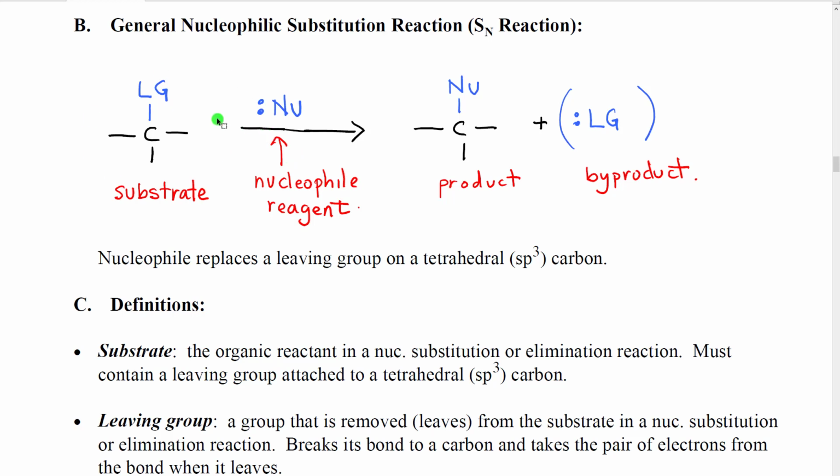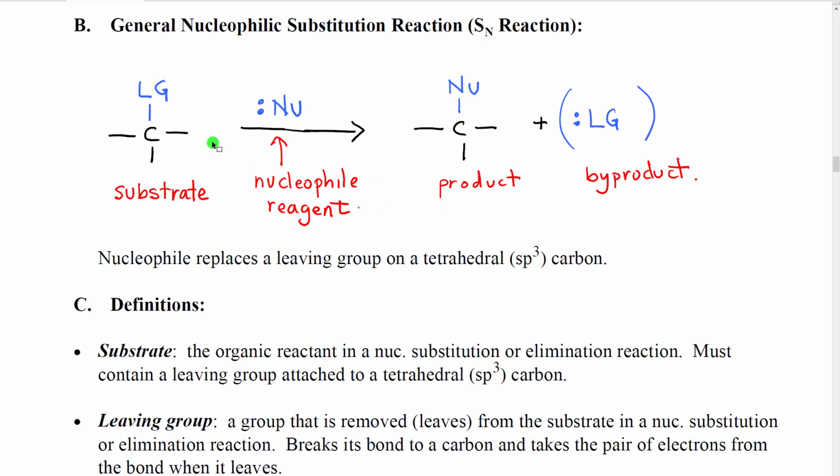When we represent this reaction, we're typically going to draw a reaction arrow, and over the arrow we're going to write a species that will be the nucleophile. Now, nucleophiles, as we discussed earlier, are species that make a bond using either a lone pair of electrons or a pair of pi electrons.